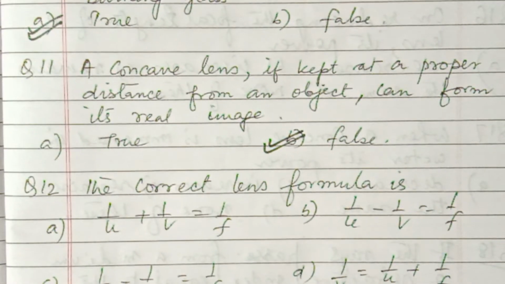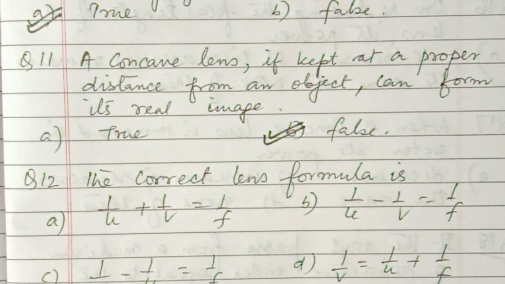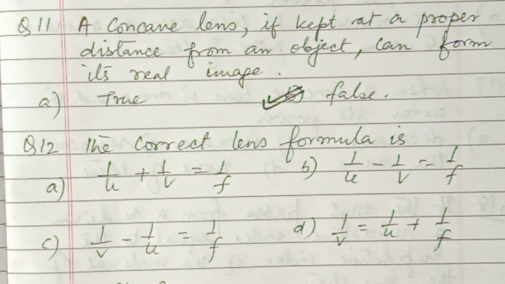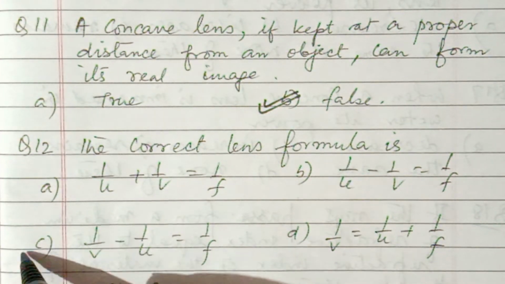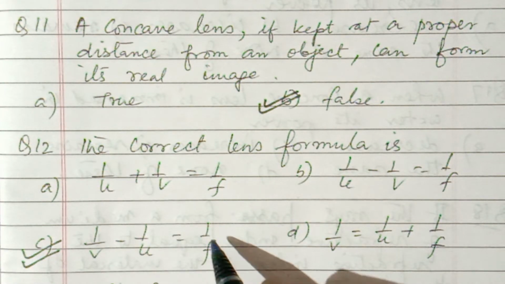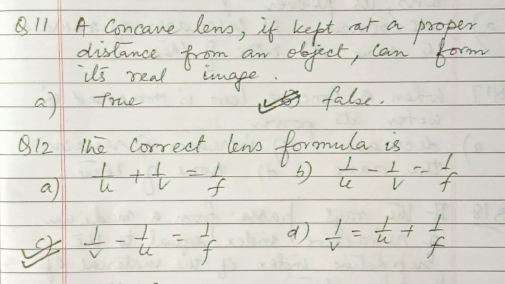Okay, question number 12. The correct lens formula is, so 4 are given. So which one? So this is the correct formula. 1 by v minus 1 by u is equal to 1 by f. Here it is minus. So these are wrong.